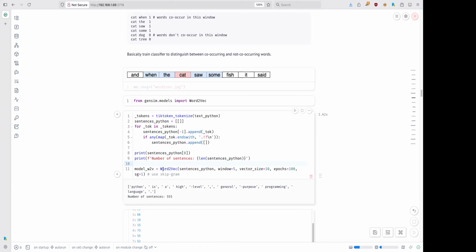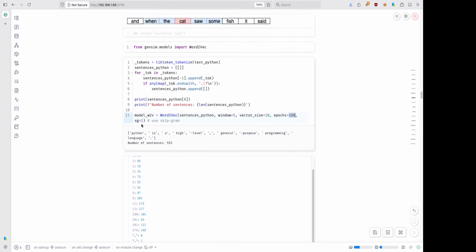And then we simply say, okay, let's train this word-to-vec with these sentences with the sliding window of length 5. 1, 2, 3, 4, 5. 5 words in each window. This means in particular that we are guaranteed to have a middle word. We just postulate that each embedding will have 10 dimensions, and we run this for 100 epochs.